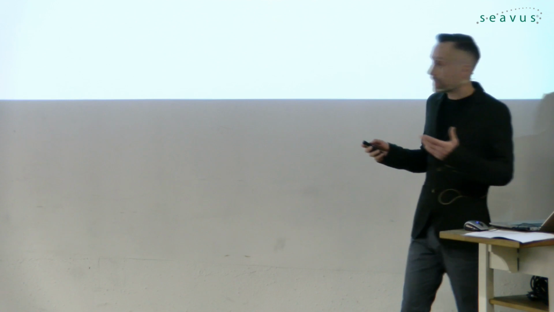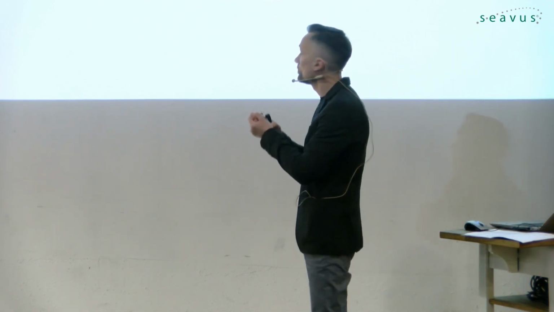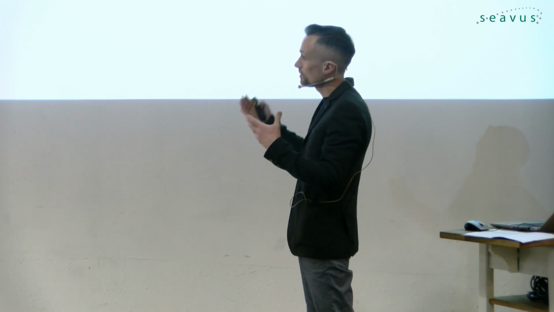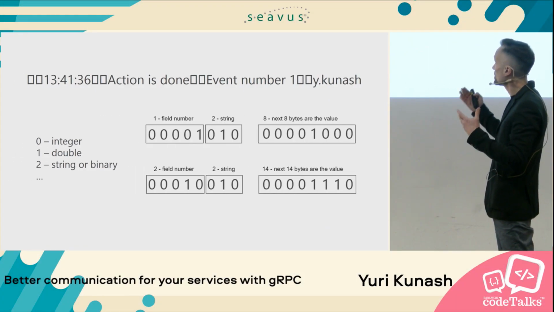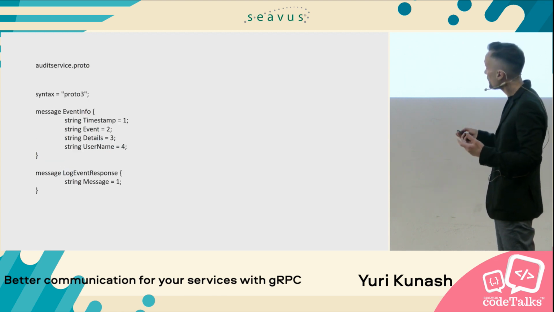How can the parser and serializer know, by the field number, to which specific field of the object to set this value?